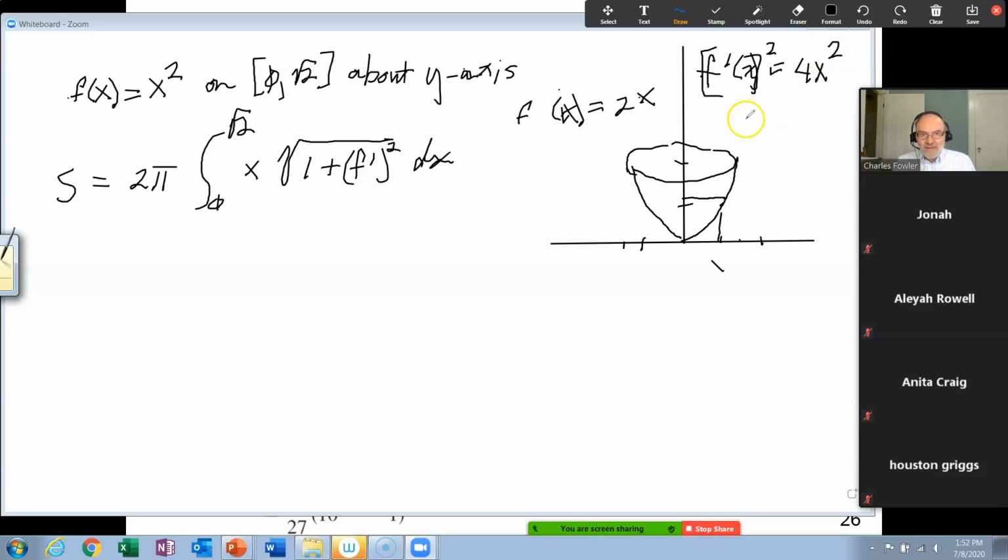Add 1 to that and you have 1 plus 4x squared. Take the square root of that and that's what you get.